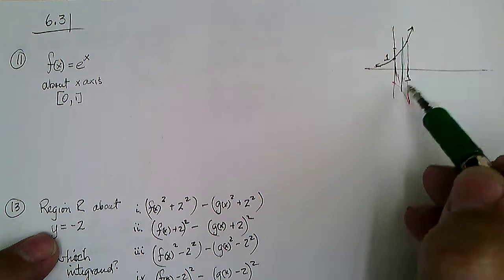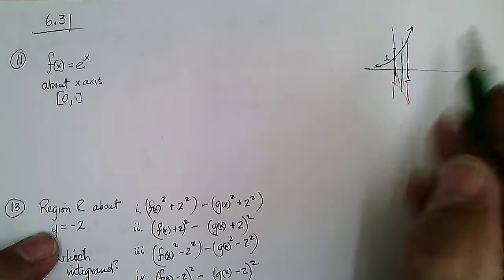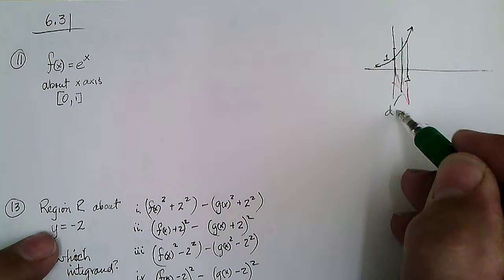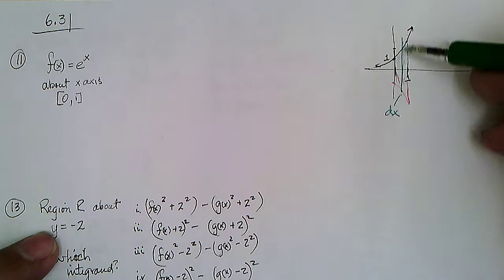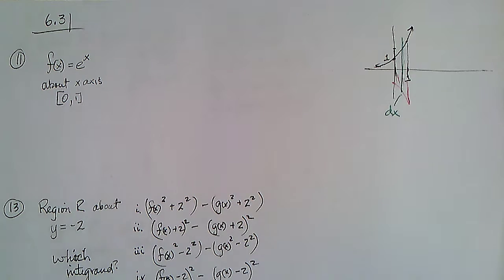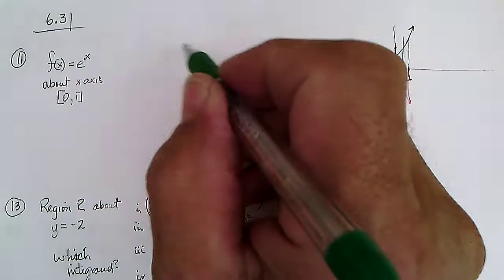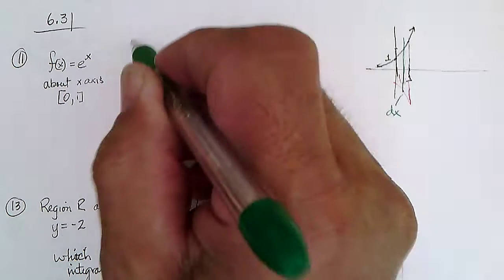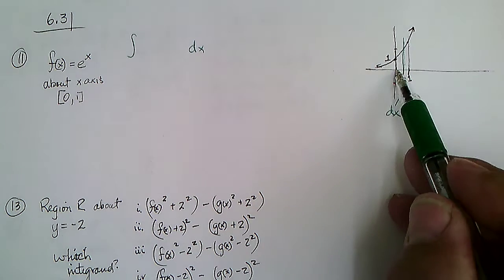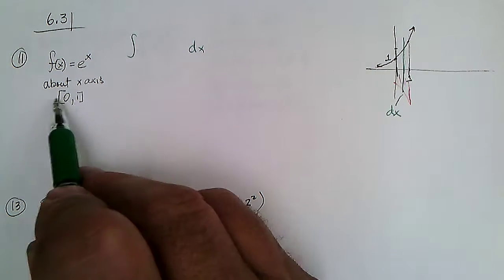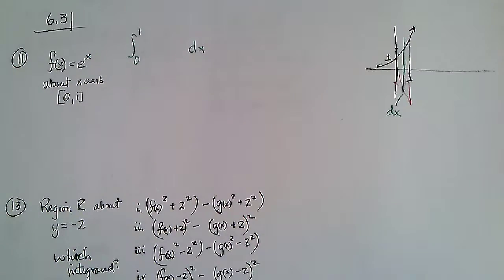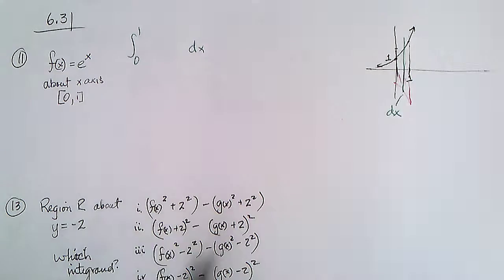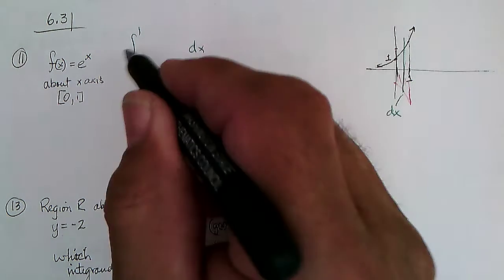And so the thickness here would be dx. The area would be a circle. So we have dx, integral, x is going to go from 0 to 1. And it's going to be pi r squared.